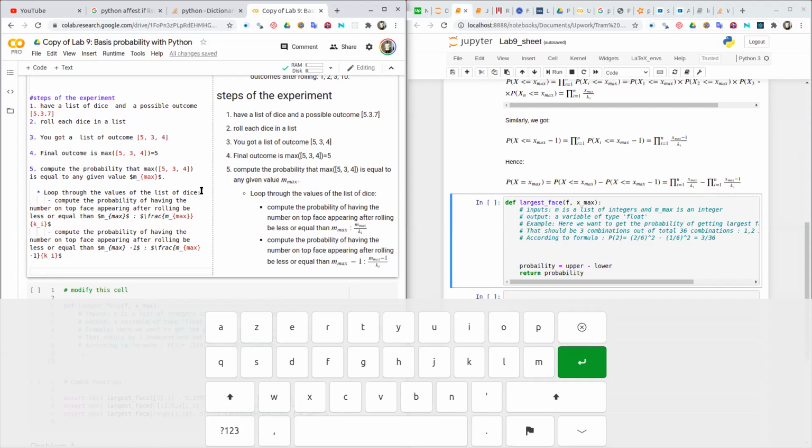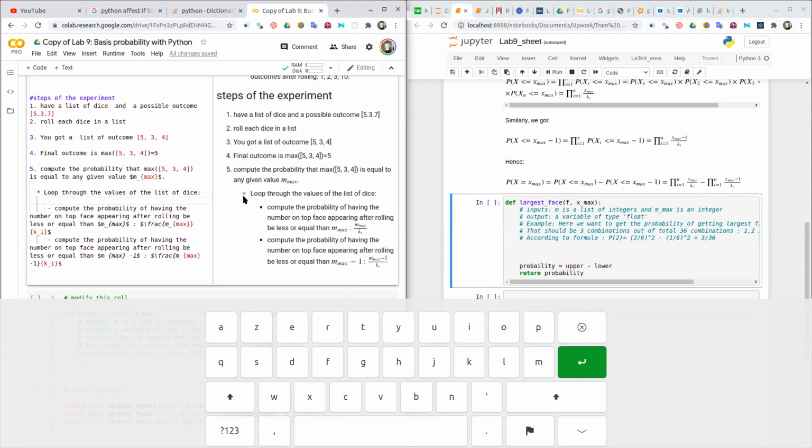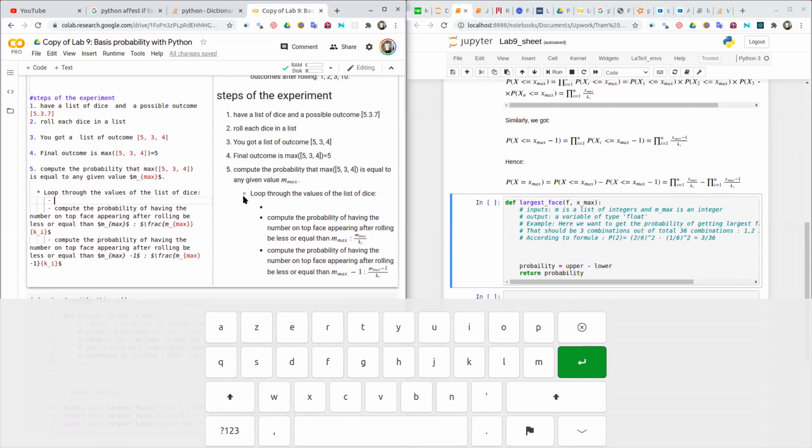So for it, I think you should initialize upper equals 0 and lower, the product of the upper probabilities and the product of the lower probabilities.